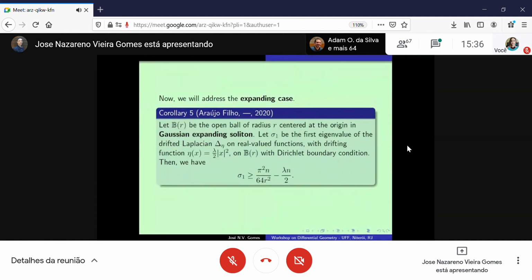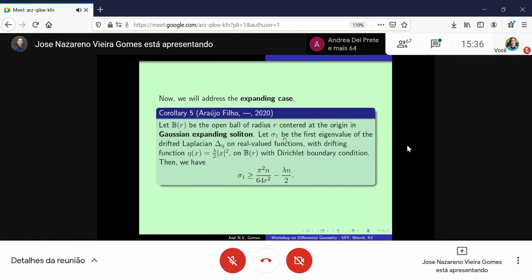Now we add the expanding case. Here, take omega to be the open ball, but in the expanding case.